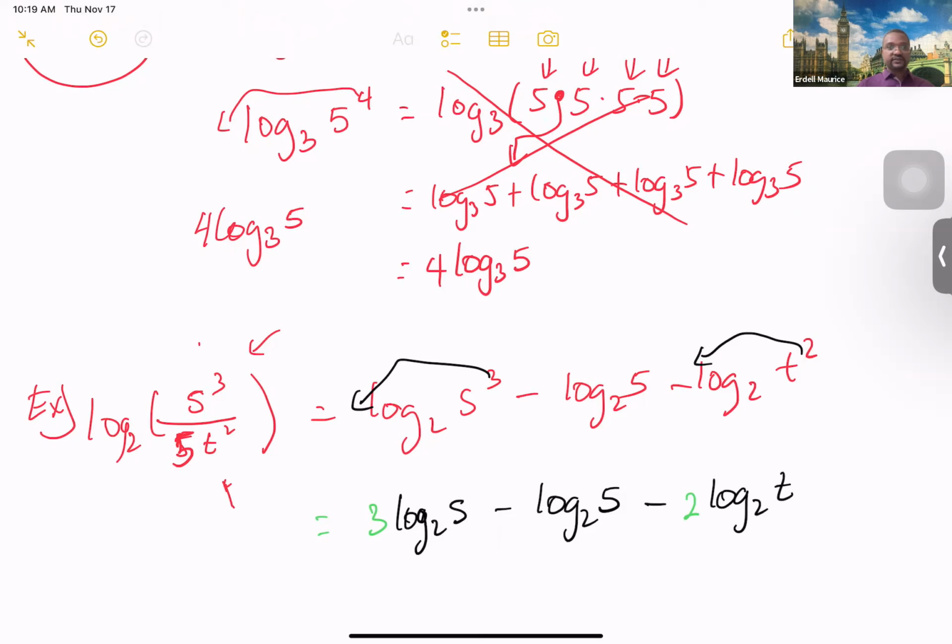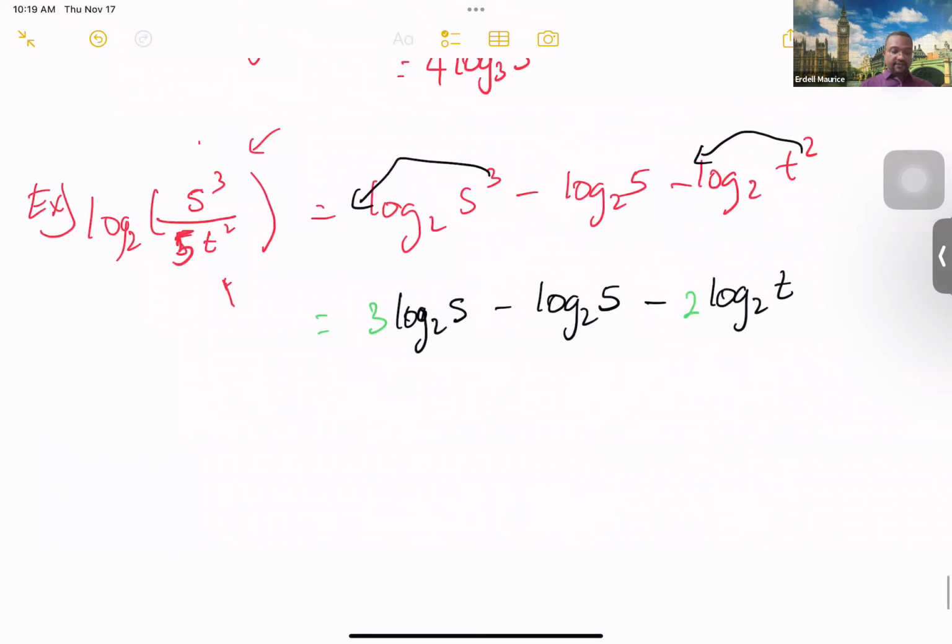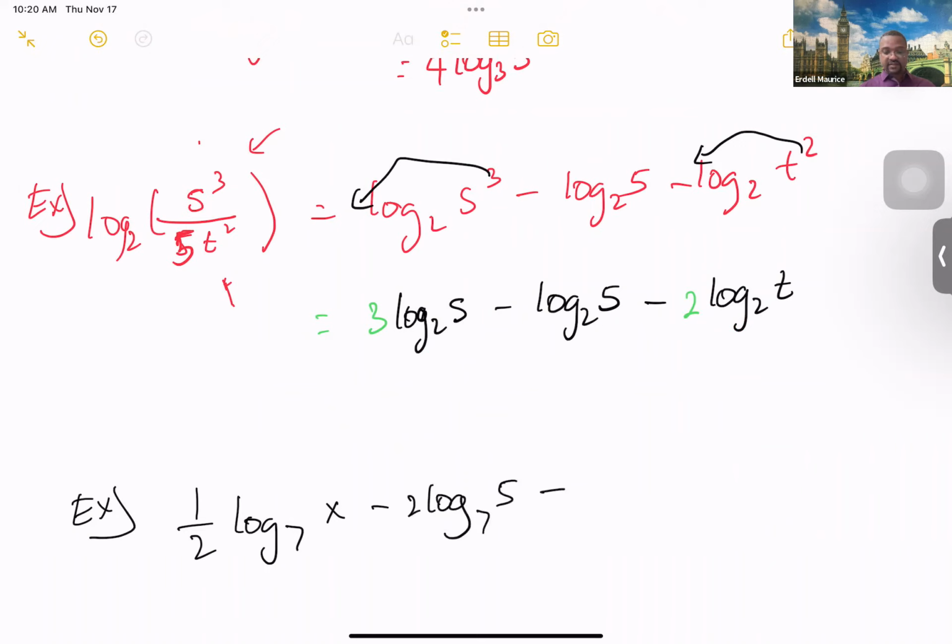This also works in reverse. If I have, for example, 1/2 log base 7 of x minus 2 times log base 7 of 5 plus 4 times log base 7 of x plus 1.